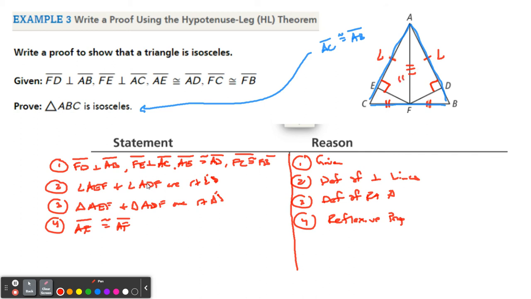And there's your hypotenuses. And now we can prove that triangle AEF is congruent to triangle ADF, and that is by HL congruence. And we're there, right?